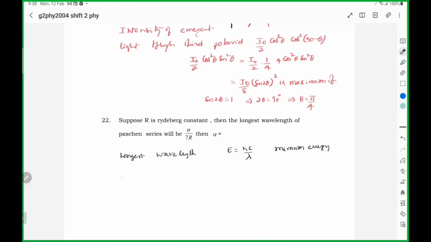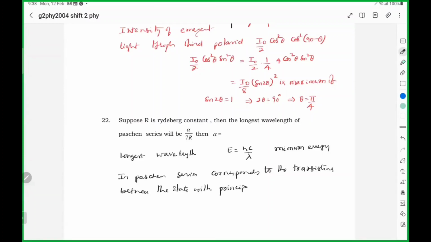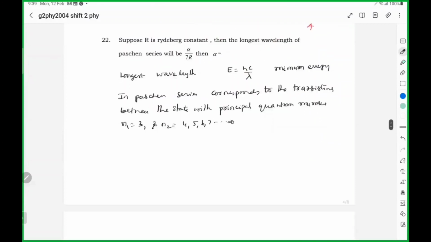So here the Paschen series corresponds to the transitions between the states with principal quantum number n1 equal to 3 and n2 can be 4, 5, 6, anything up to infinity.